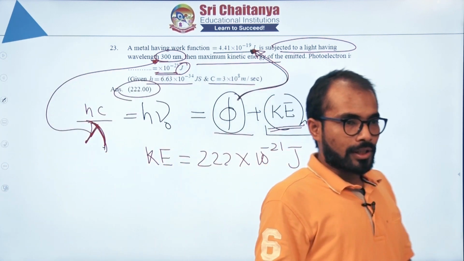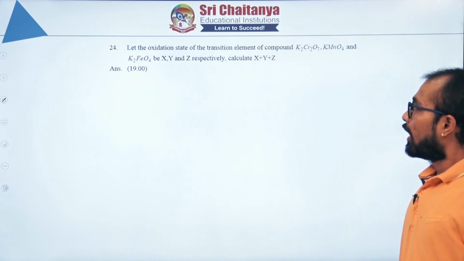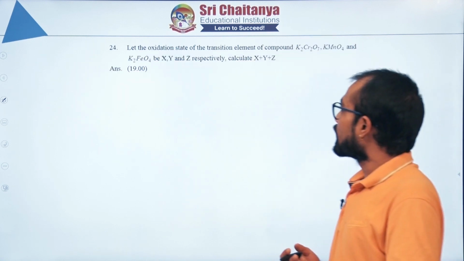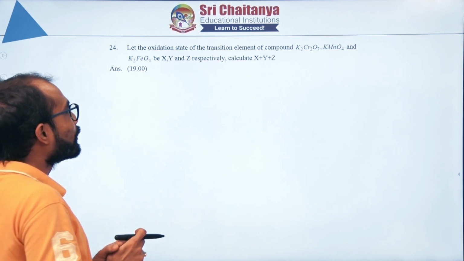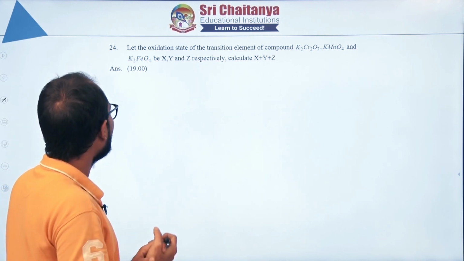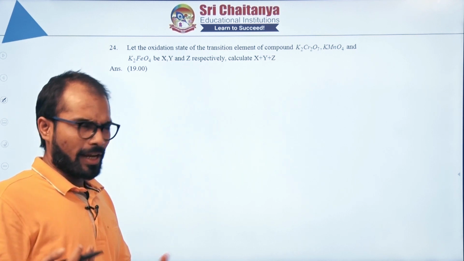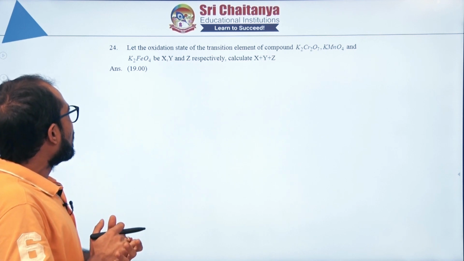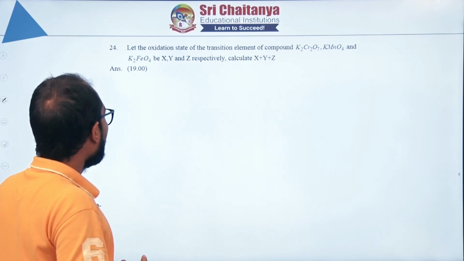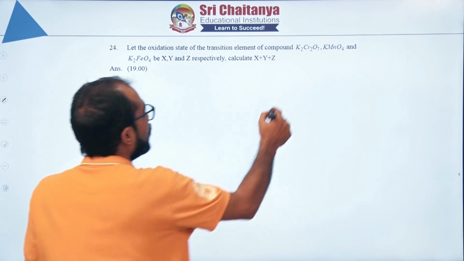Now, next question. The oxidation state of the transition elements of the compounds K2Cr2O7, KMnO4 and K2FeO4 are X, Y, Z. Again, this question is from redox, or also you can consider it to be a d block question as well. Very basic and very easy question.